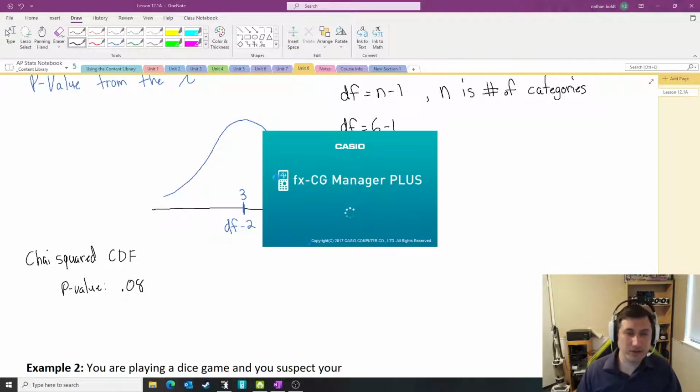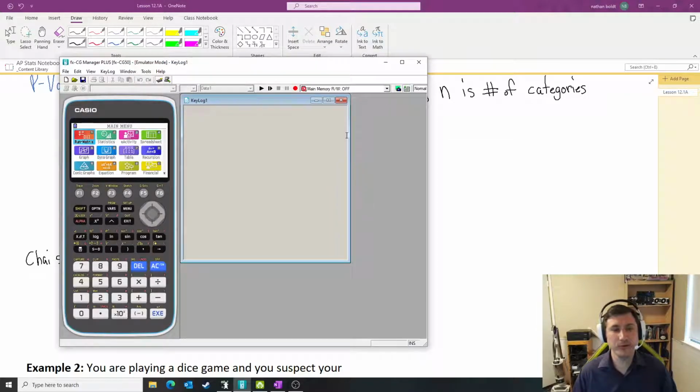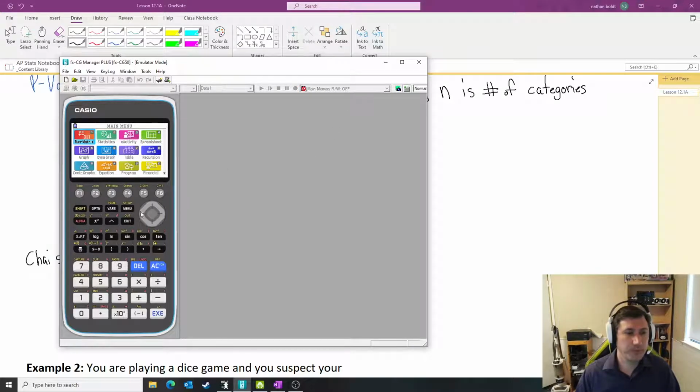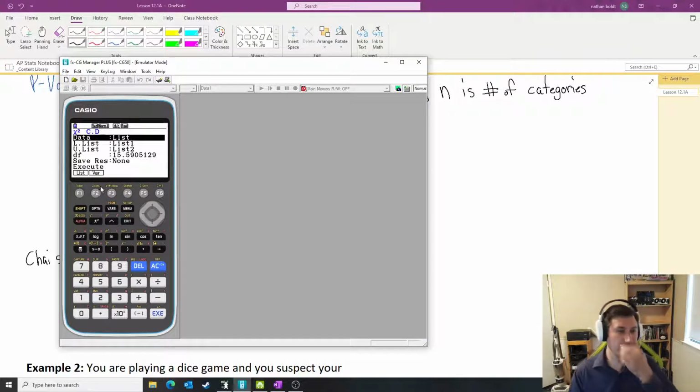The Casio is quite a bit nicer in some ways because it draws it for you, which is kind of cool. So we go stats, distribution, chi CDF. I want to change list to variable. The Casio apparently can do this straight from the list if you just type the numbers in, which is kind of nice. But we're going to go variable because we have the chi-squared already.